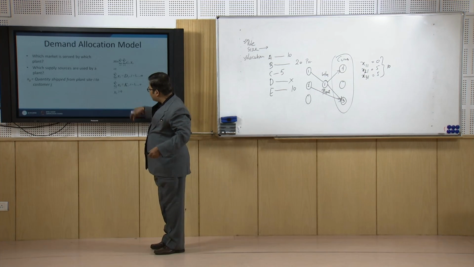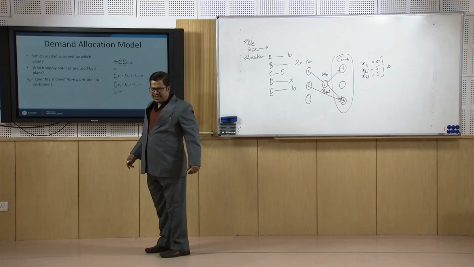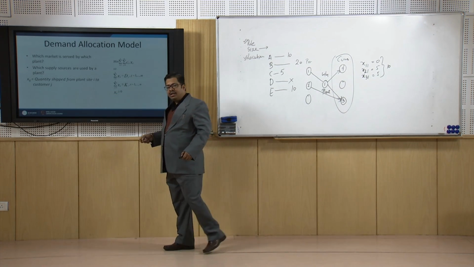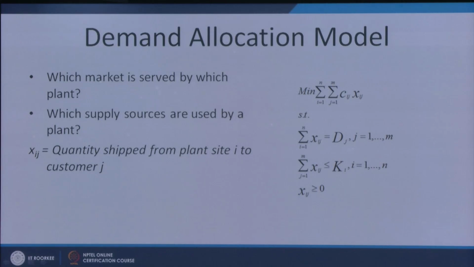So the second constraint represents this, and obviously xij represents the constraint of non-negativity, that the value of xij cannot be negative. So these are the important conditions of the model that you are fulfilling.